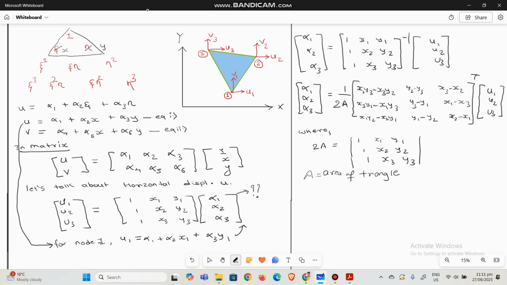For easiness we represent with 2A instead of writing the whole thing. And now we are also going to represent this same equation in a shorter way.